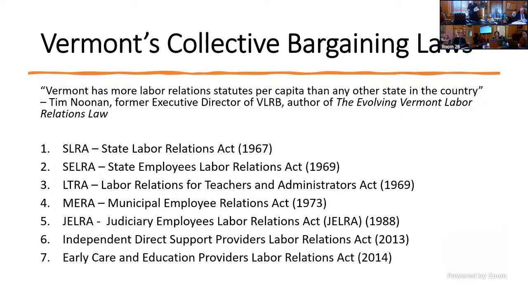And if they do, under that particular statute, unlike these other ones, the arbitrator can choose either last best offer, an entire package from either side, or the parties can agree that the arbitrator can pick and choose between the different offers, between the different issues.